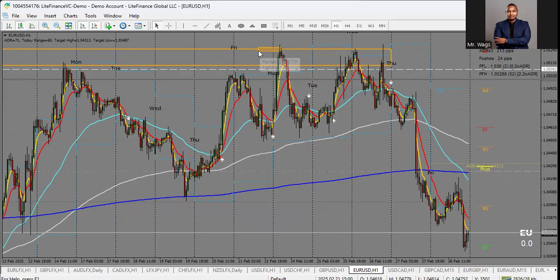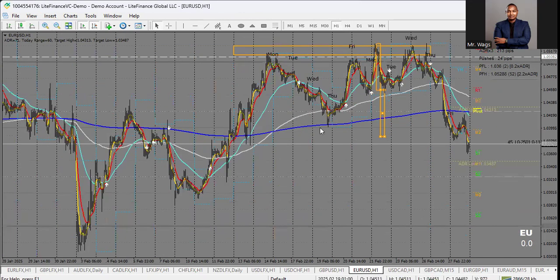formation high, and we can now draw our ADR boxes to determine if this market maker cycle has been completed. So 71 pips. That's ADR times 2, and that's ADR times 3.